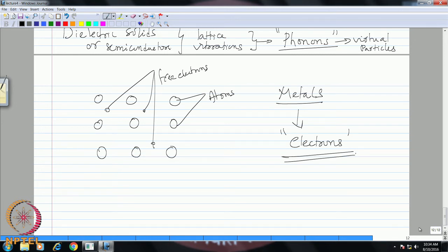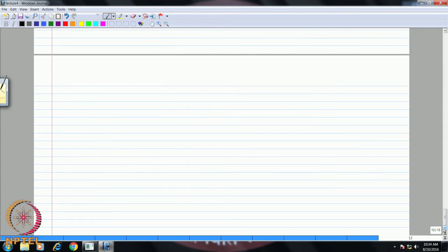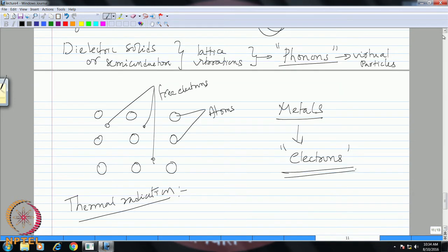We talked about conduction now. If you go towards thermal radiation, thermal radiation on the other hand is a result of the excitation of electromagnetic waves.